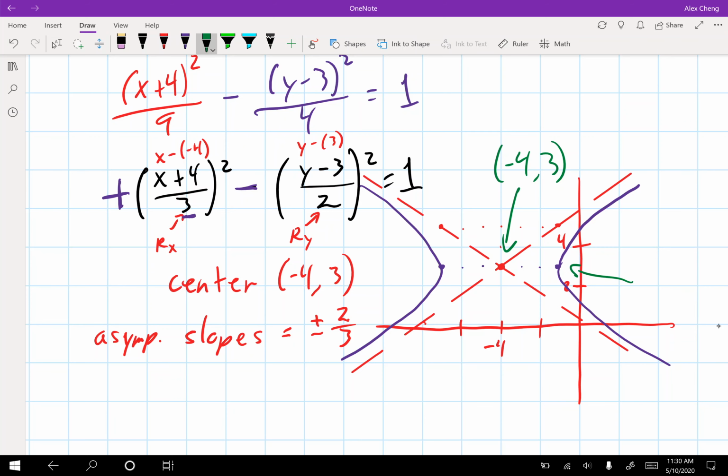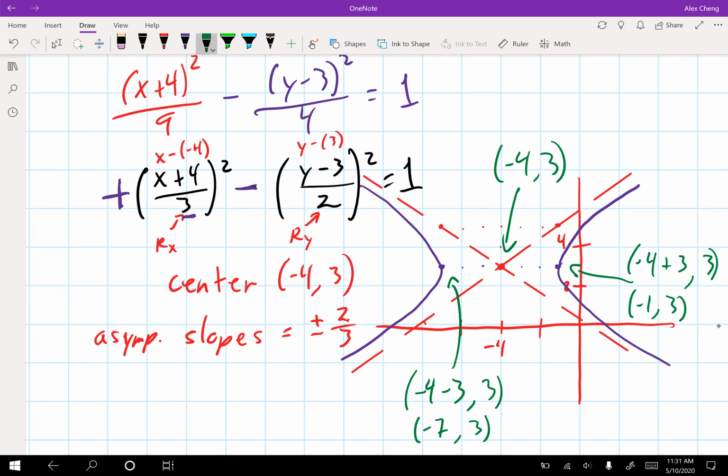This coordinate right here would be -4 plus the x radius, which is 3, so its y coordinate is still 3 because all we did was go left or right. In other words, it is -1, 3. This one right here is -4 minus 3, 3, or -7, 3.